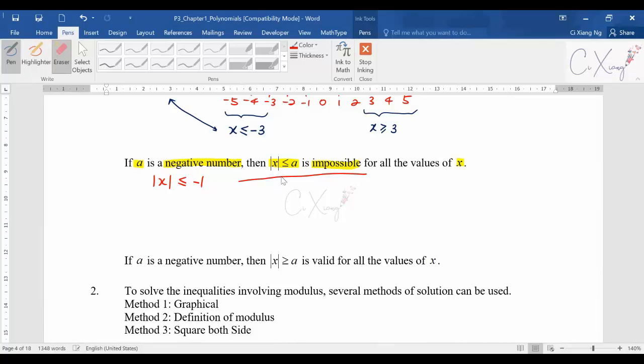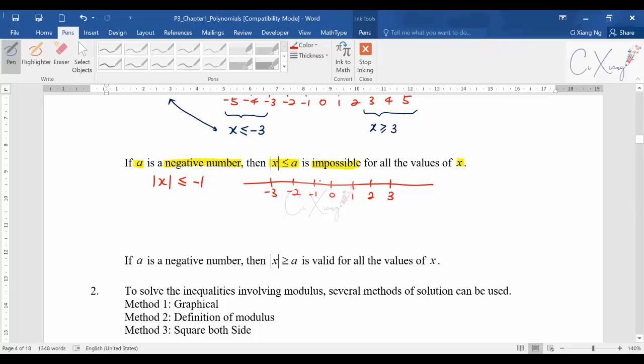Okay, so for the number line, you can try a few numbers that you like. So usually, maybe I try from negative 3 until 3. Okay, so you realize that no matter what kind of value you are putting in here, it is always not true.